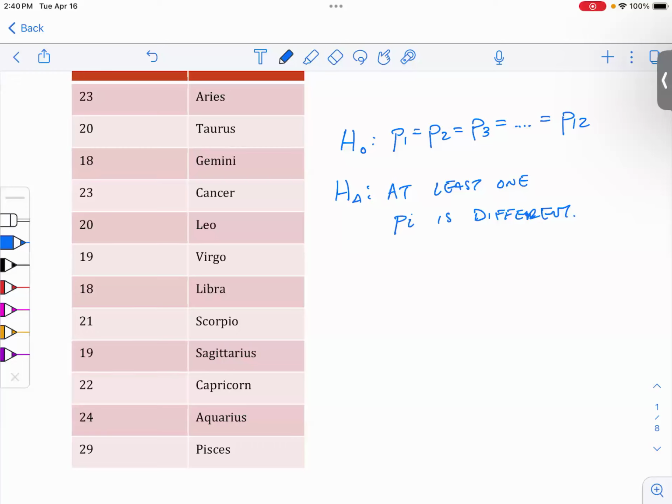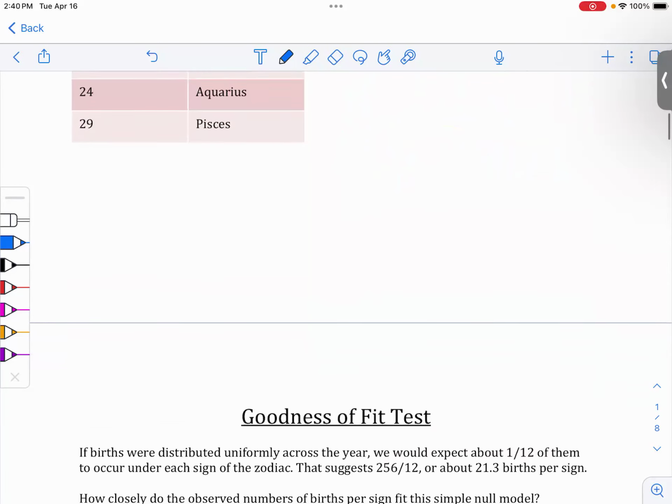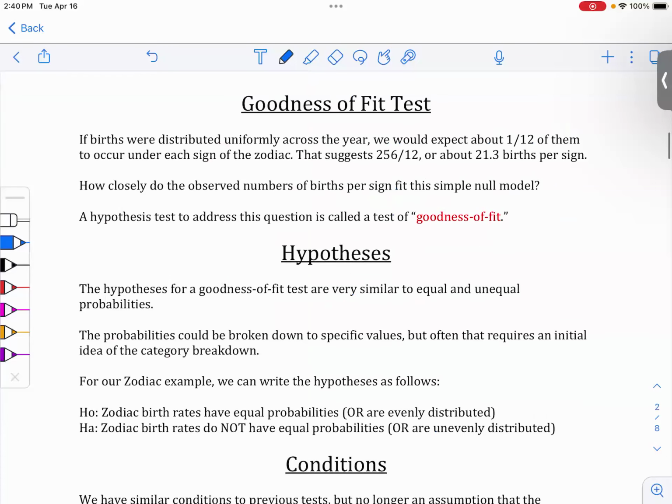Now, we don't have the same situation that, oh, this one is greater than this one, this is greater than this one. All right, we are just going to test they're all the same or something is different. Now, because it's also a pain to write this out, most of the time we write this completely in words. This test is known as the goodness of fit test.